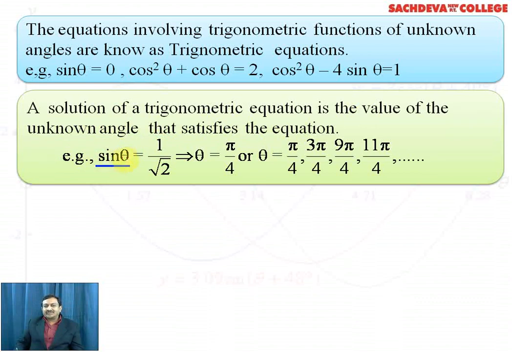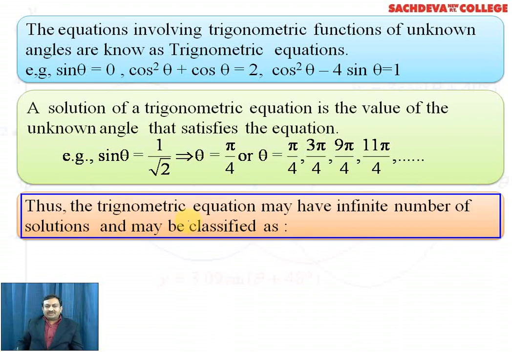We know if sin theta is equal to 1 by root 2, then theta is equal to pi by 4, 3 pi by 4, 9 pi by 4 and 11 pi by 4. All these values of theta satisfy the given equation. It means pi by 4, 3 pi by 4, 9 pi by 4 and 11 pi by 4 and so on are solutions of this equation.